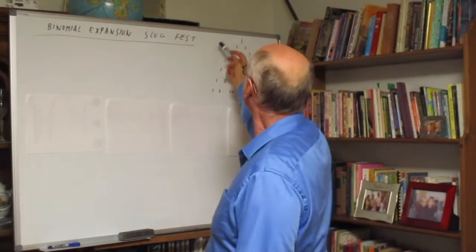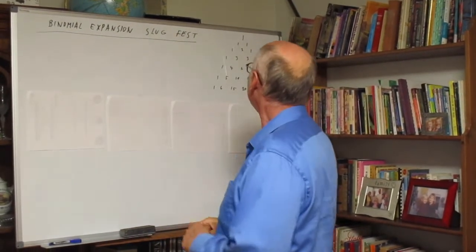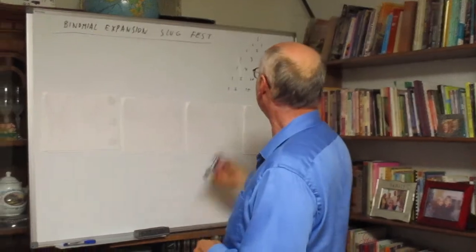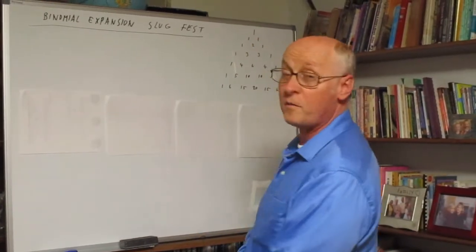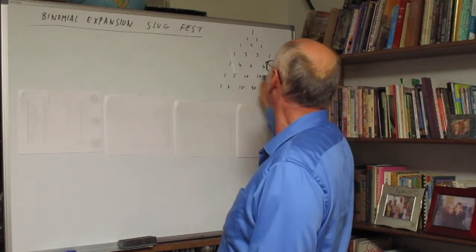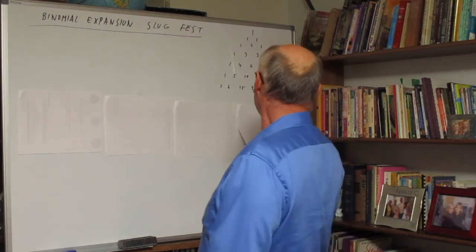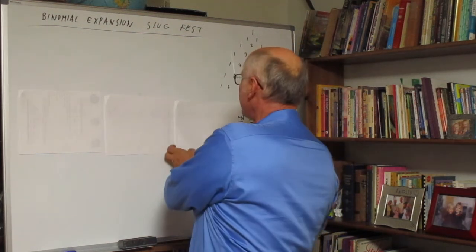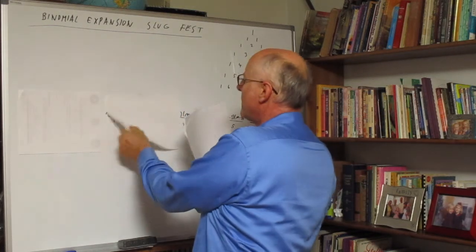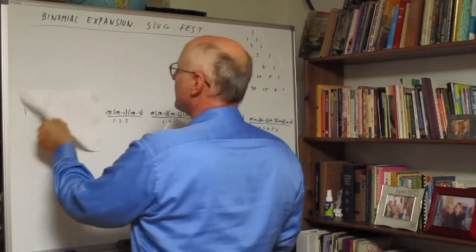Here's our famous triangle from Pascal that's used for binomial expansion, and the formula for these particular factors, I think it was given by Newton? It's hundreds of years old, and it looks something like this.